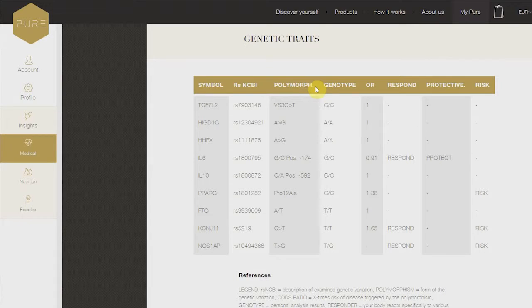If you look in the polymorphism section, this becomes a bit more technical, but usually what you should be interested in is this C to T conversion or A to G conversion. It essentially means if there is a C at this position in this gene, the gene works normally. This is what we call a wild type.